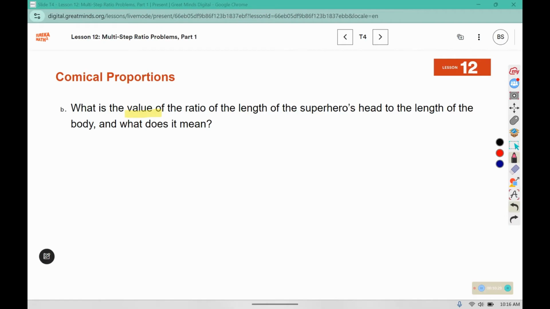So the length of the head was 1, and the length of the body was 8. And then it says, what does it mean based on this situation is what it's referring to. And it means that the head is an eighth of the size of the body.